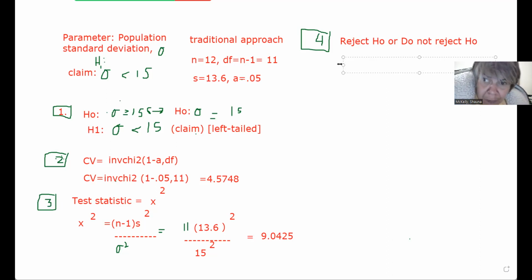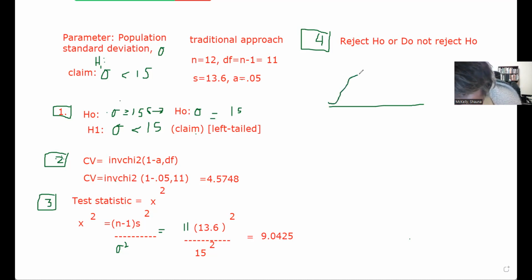And what you're doing for the traditional approach is to draw this out and decide whether the test statistic falls in the critical region or not. This is a chi-square distribution, so we're going to draw a skewed distribution. That's the best skewed distribution I've drawn all afternoon.